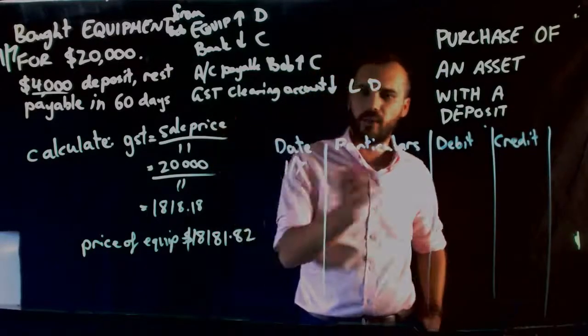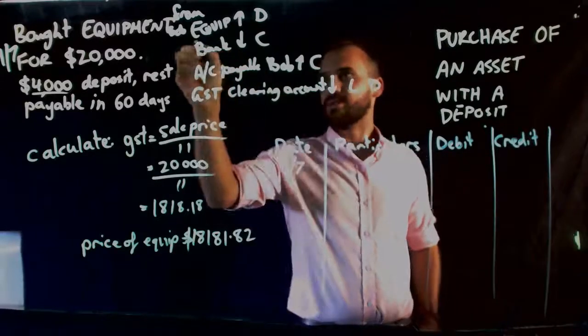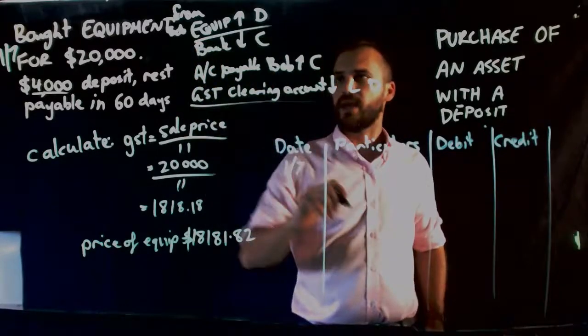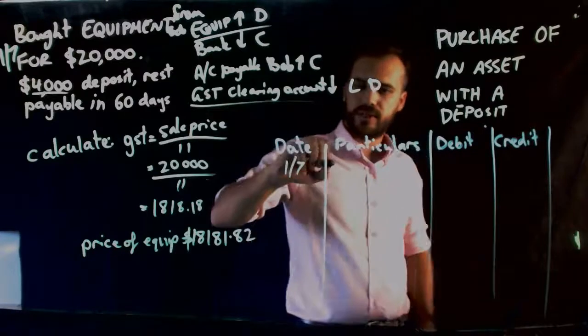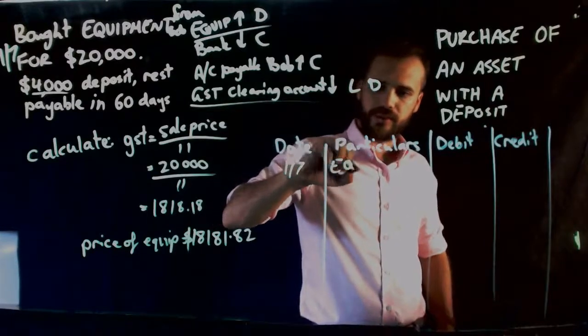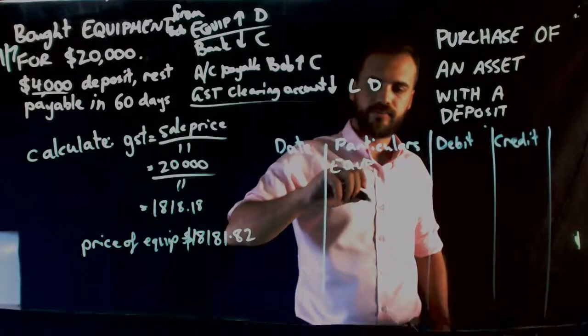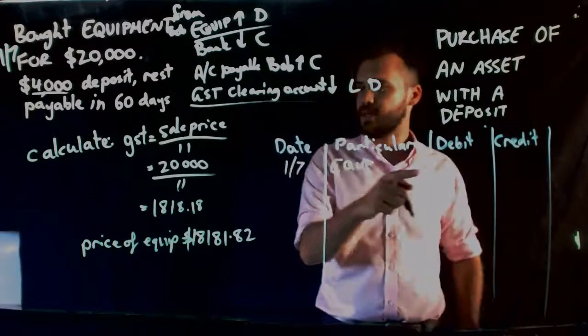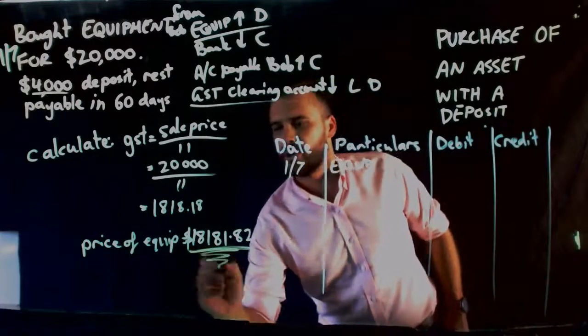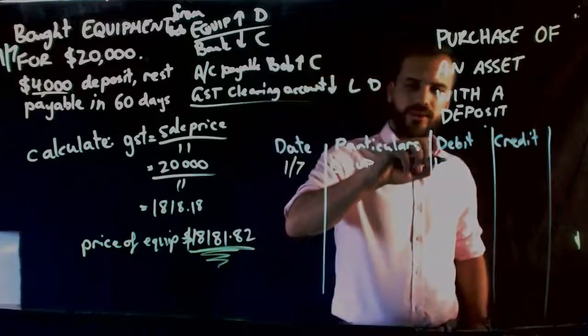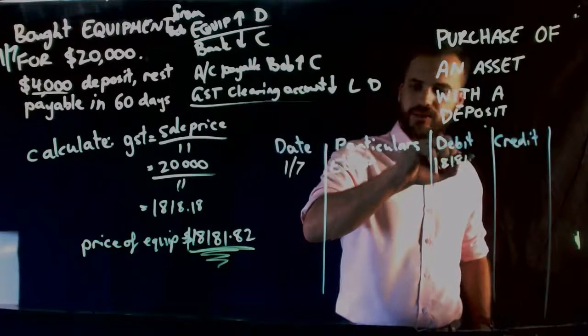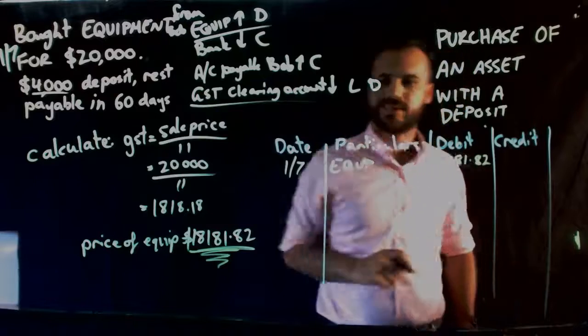Okay, let's do all of this now. We need to do our debits first, and then our credits. So, particulars, equipment. Equipment has gone up, so it's a debit. The value of our equipment is $18,181.82.